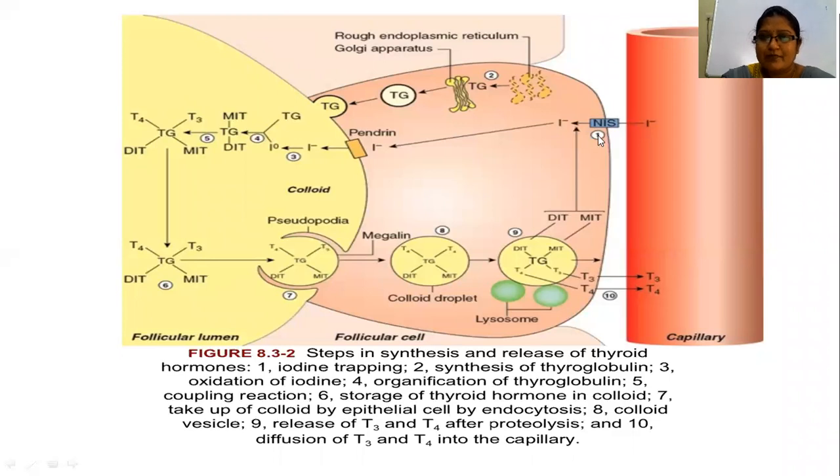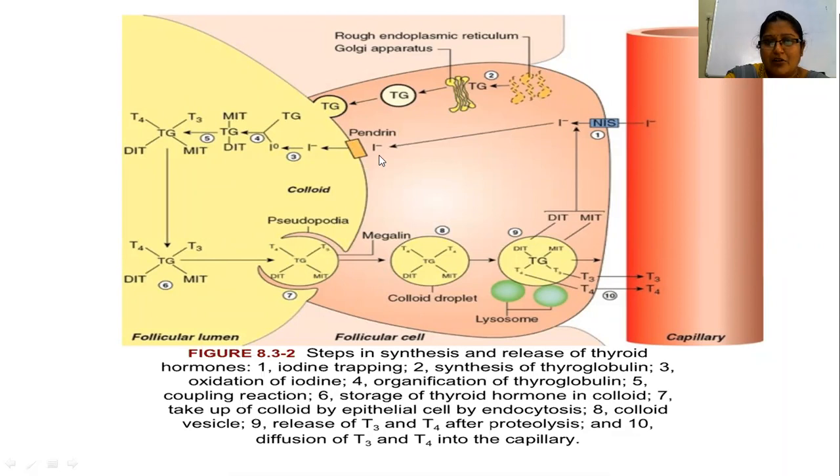Next, thyroglobulin synthesis. Thyroglobulin is produced in the rough endoplasmic reticulum, then stored in the Golgi apparatus, and then released into the colloid. Next, step 3 is oxidation of iodine.